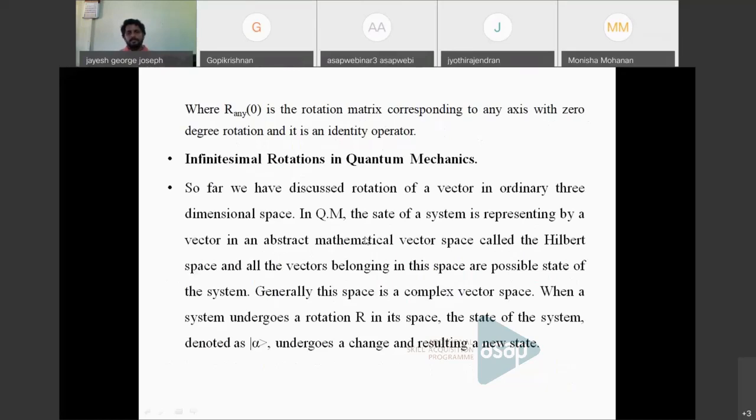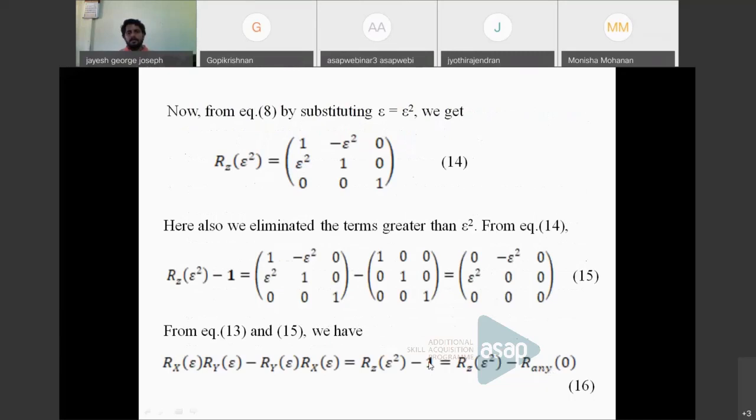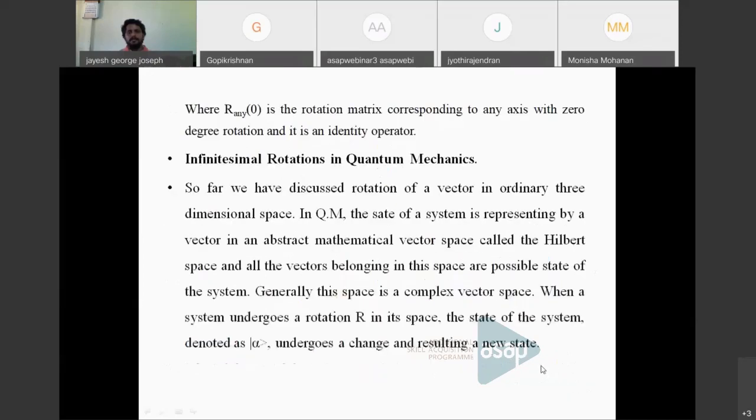That means here R1 is R(n, 0), a rotation about any axis with the angle 0. And if the angle 0 rotations are no rotation, that means it is identity itself.